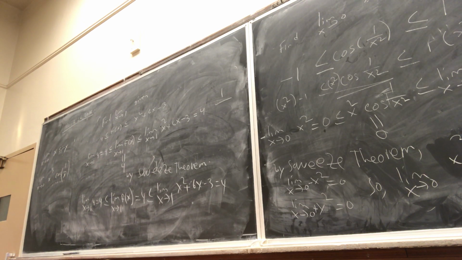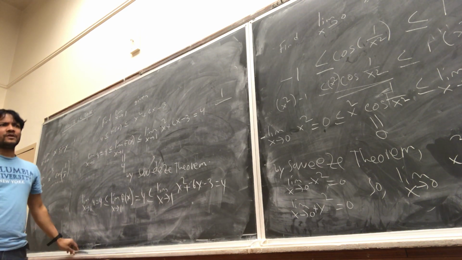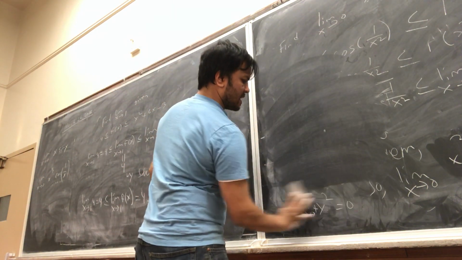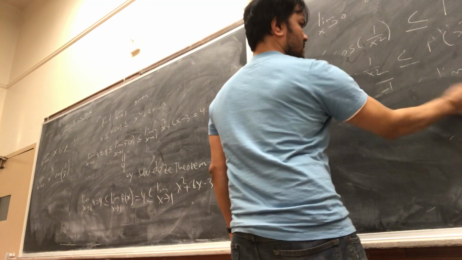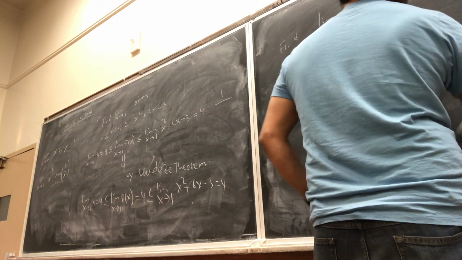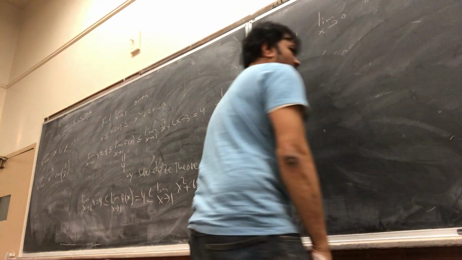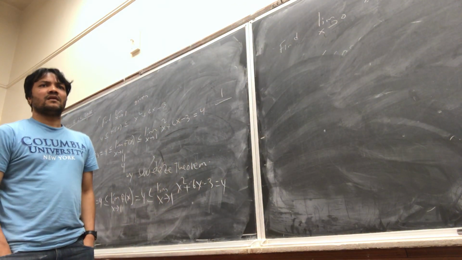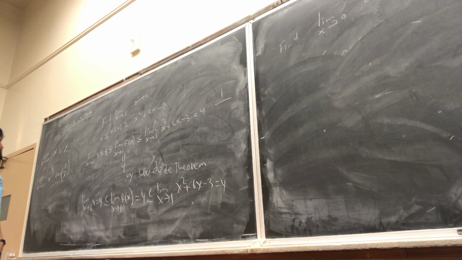And which number did you ask me to solve? 4. Okay, 4 is just like this one, trigonometry, minus 1 and plus 1. Say it again. The homework is 4, 5, and which one is the other one? Oh, 6, 7. Okay.